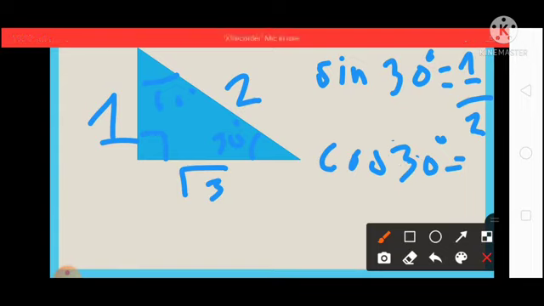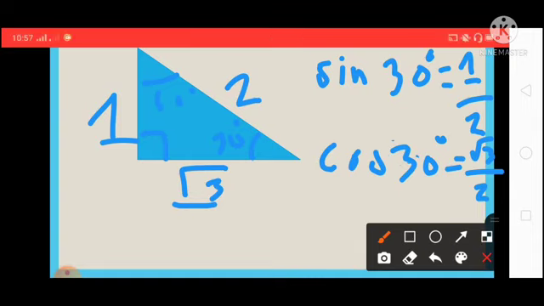The adjacent of the 30 degrees is square root of 3, over the hypotenuse, which is 2. So the value of cos 30 is equal to the square root of 3 over 2.